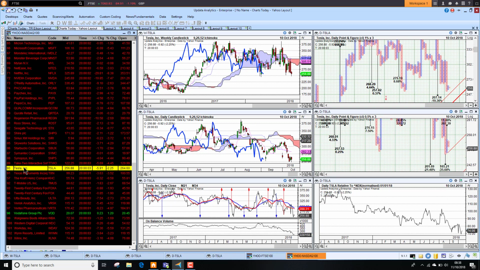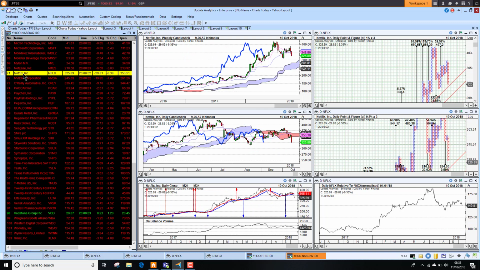News of James Murdoch becoming chairman helped, so only down 2.5%. Netflix was the worst performer in the Nasdaq, down 8%, although it still has outperformed the Nasdaq this year, but it has really seen some big falls there.